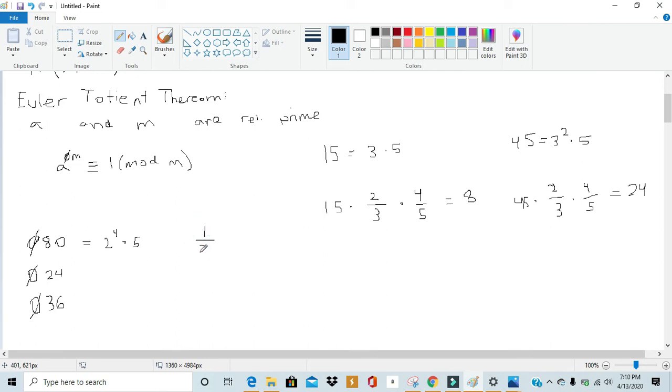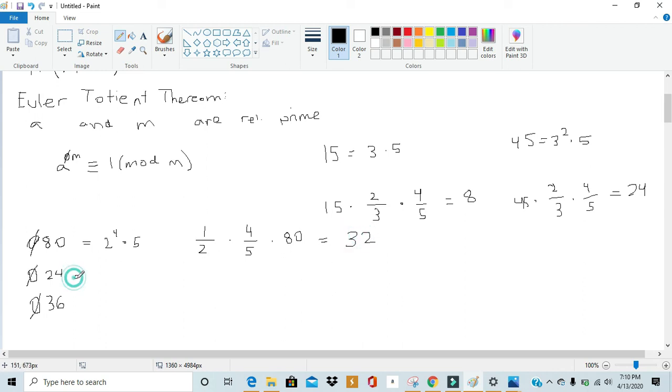And if we do the same thing to 5, we get 5 on the denominator and a number 1 less than 5 on the numerator, we get 4/5. And now the final step would just be to multiply this by 80. So doing that, we get 80 times 4/5, which would give us 64, and then 64 times 1/2, which would give us 32. So we can see that the totient of 80 is equal to 32.